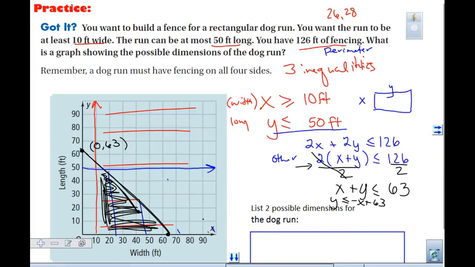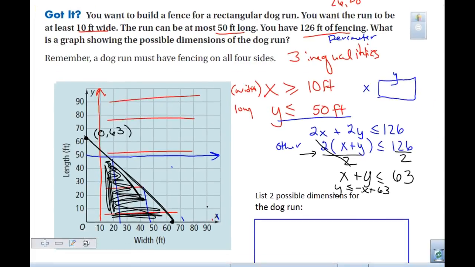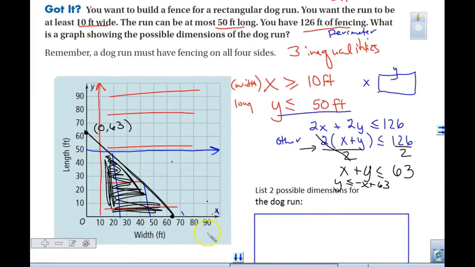And again, my hint if I was looking at this would be I might want to look at and put the width first. Why width first? Because that's my x. So I might say it could be 30 feet wide by 20 feet long.